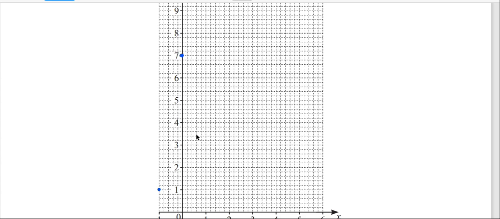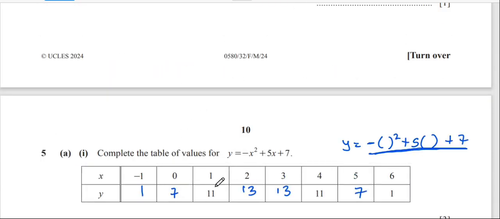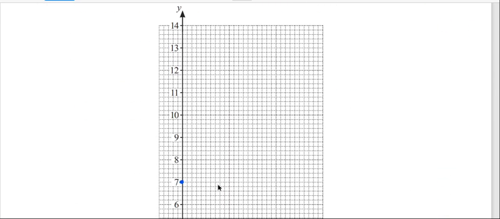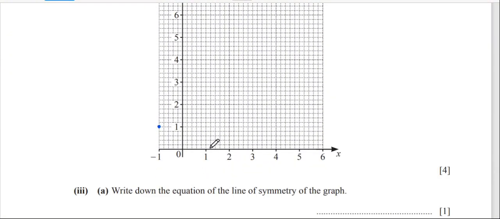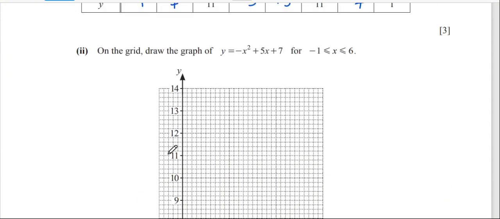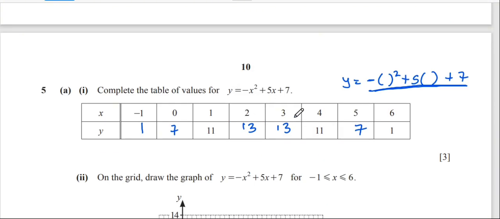When x equals 1, y is 11. So 1 and 11. So 1 is here. So you have to trace that 1, 2, 3, 4, 5. So you go to 11, count 1, 2, 3, 4, 5. So that will give us this point. Then 2 and 3 have the same value, 13, 13.